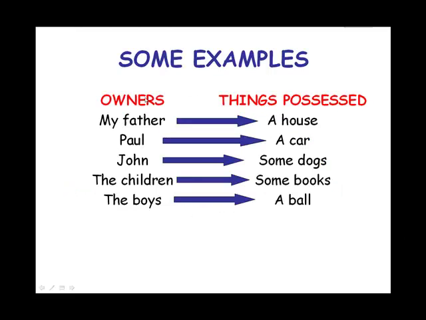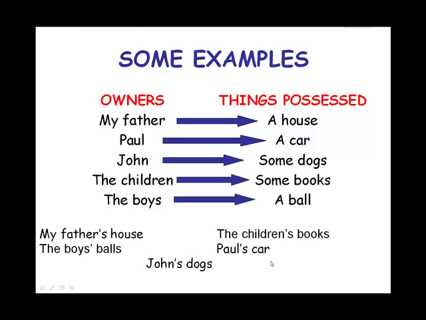Right here we have on the left a list of owners and on the right a list of things possessed, a list of things that these people have. If we wanted to match each owner with each thing possessed, we would come up with something like this. My father's house.